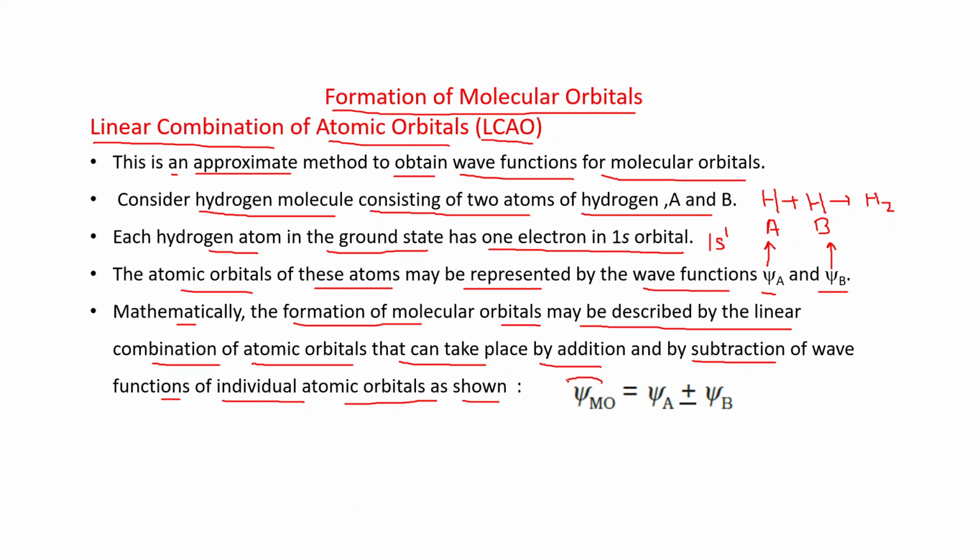This psi MO represents the wave function of the molecular orbital, obtained by the linear combination of the wave functions psi A and psi B. That is, psi MO is equal to psi A plus or minus psi B. Addition and subtraction of the wave functions of atomic orbitals gives the wave function of the molecular orbital.